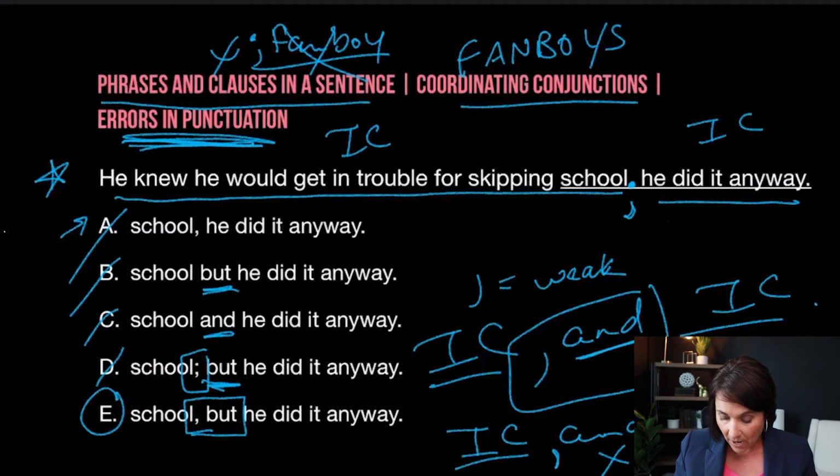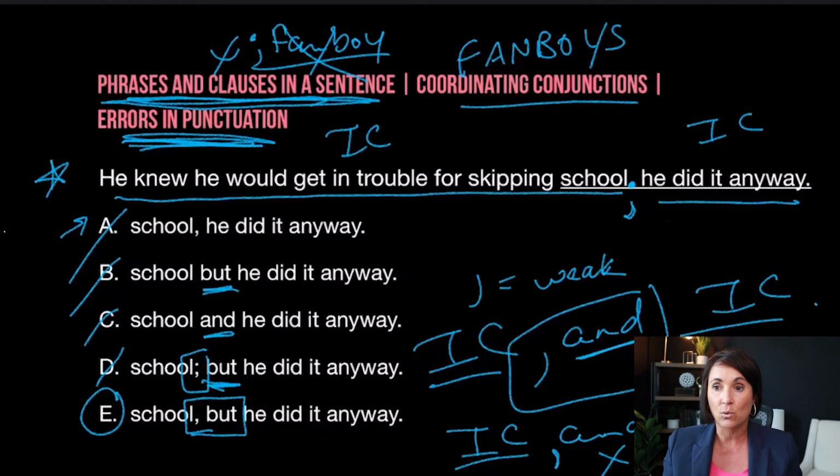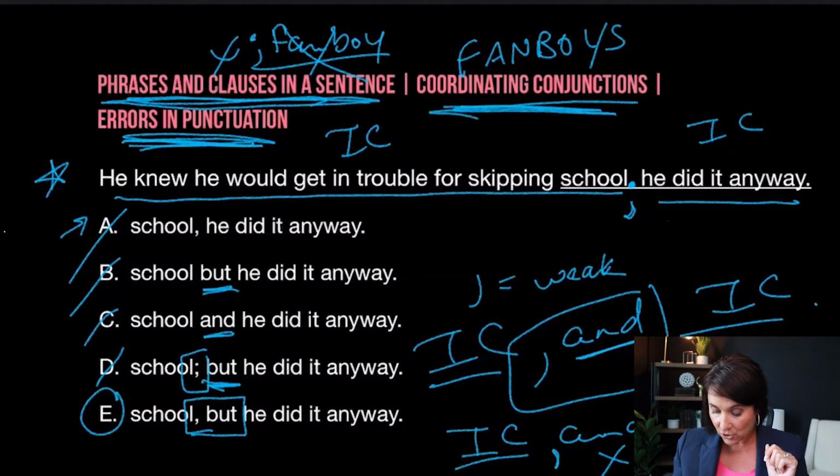So we are doing a few things in this particular question. We had to figure out where our phrases and clauses were in the sentence. In this case, we have two full independent clauses: "he knew he would get in trouble for skipping school," and "he did it anyway." Both are independent clauses. The next thing we saw was coordinating conjunctions, because here they are, "but," "and."